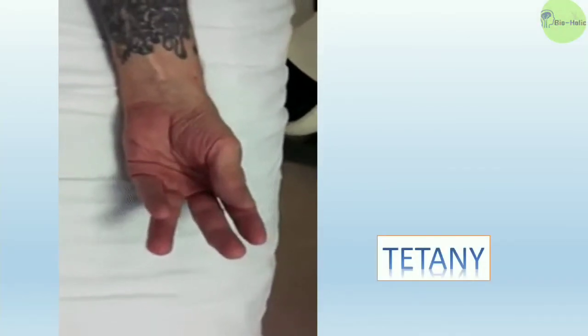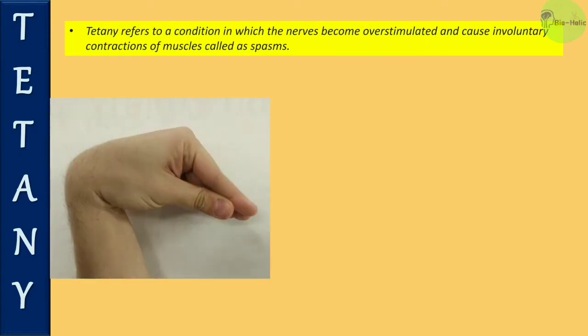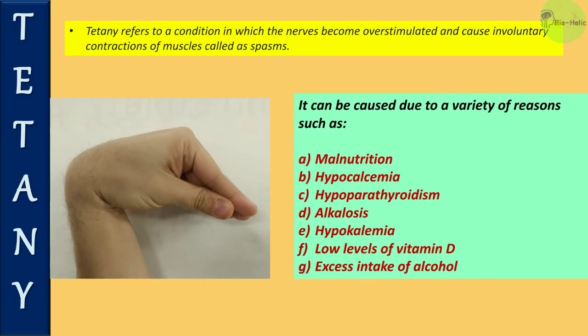Next, the tetany. Tetany refers to a condition in which the nerves become overstimulated and cause involuntary contraction of muscles and result in spasms. And it can be caused due to a variety of reasons such as malnutrition, hypocalcemia, hypoparathyroidism, alkalosis, hypokalemia, low levels of vitamin D, excess intake of alcohol.